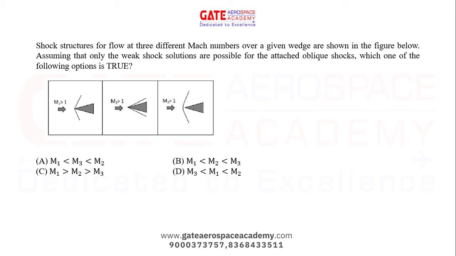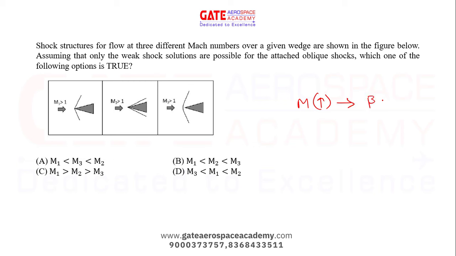Next question. Shock structures for flow at 3 different Mach numbers over a given wedge are shown in the figure below. Assuming that only weak solutions are possible for the attached oblique shock, which one of the following options is true, right? So we know that when Mach number increases, what happens to the shock angle beta?